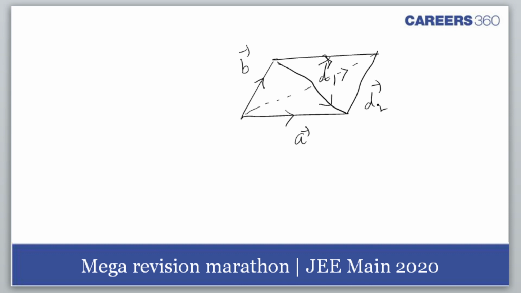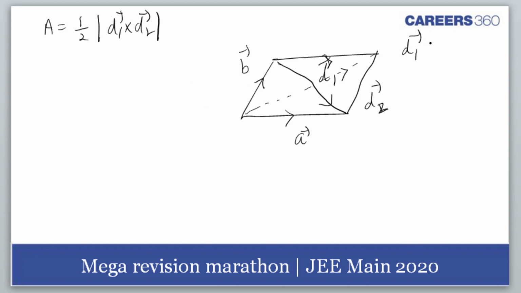Now what did I say? The area of the parallelogram is half mod of d1 cross d2. That's what we wrote in one of the formulas. No, area is not independent of the direction, Chinmaya. Area we consider as a vector. Now d1 is what?